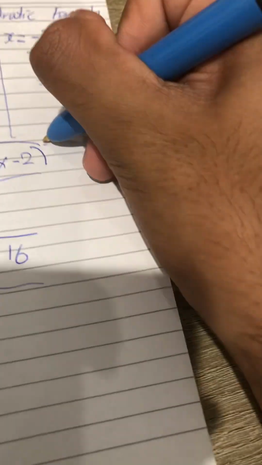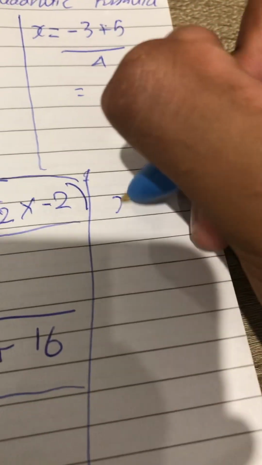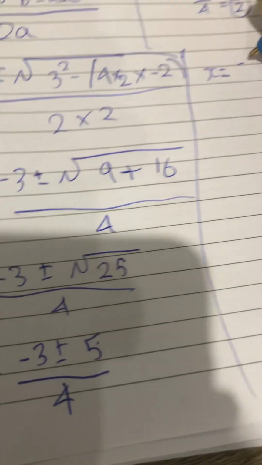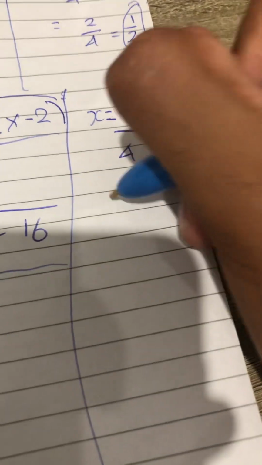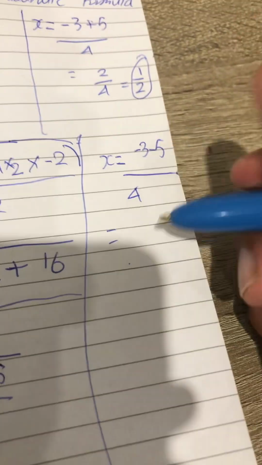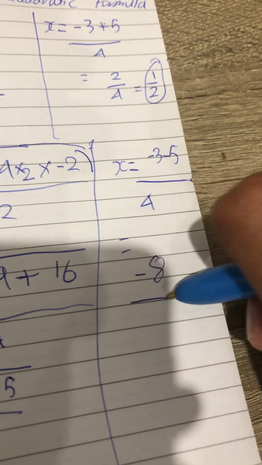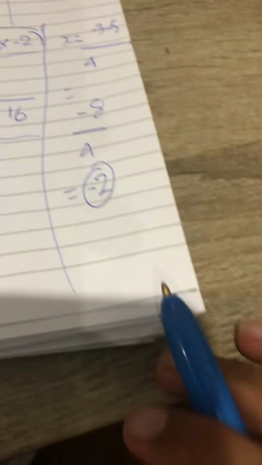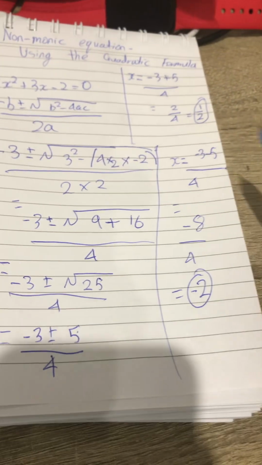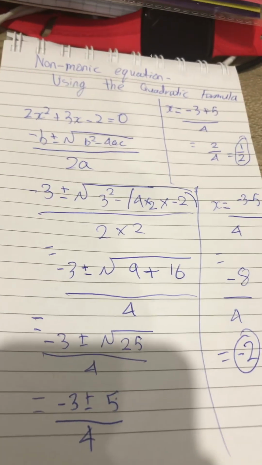Now let's do minus. x is equal to minus 3 minus 5 over 4, which equals minus 8 over 4, which equals minus 2. Here are our two solutions: x is equal to 1/2 and minus 2.